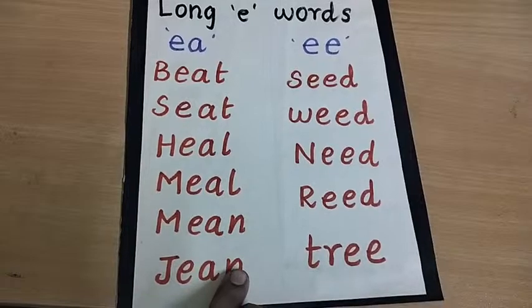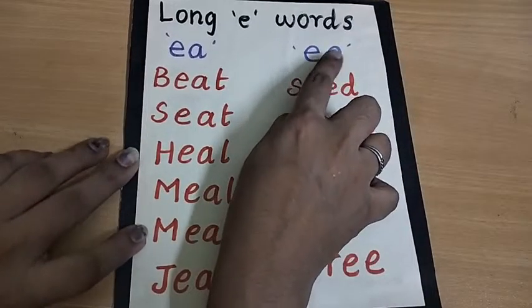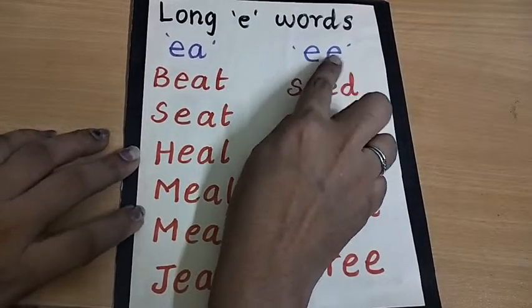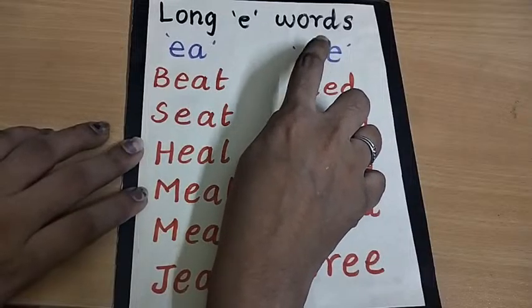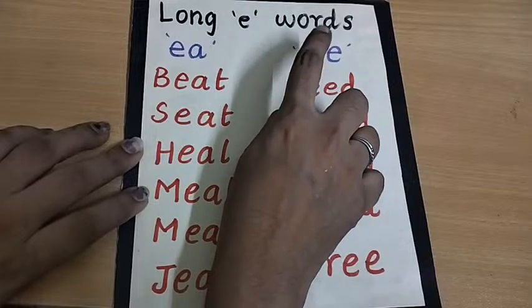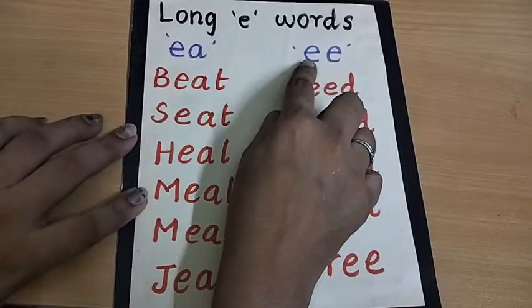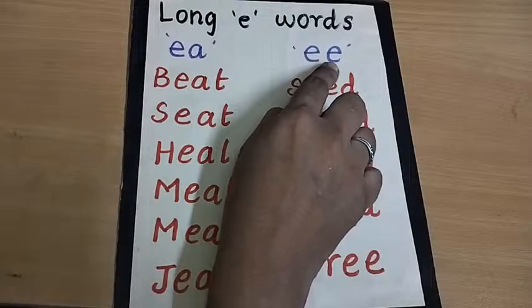Next we'll go with the other two working vowels, that is EE. If both E's come together, the first vowel takes its actual sound, that is E. You have to say it long. So this is a long vowel word. So if two E's combine together in a word, it is a long vowel word.